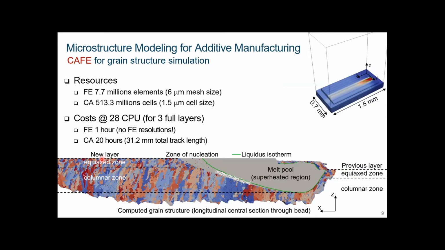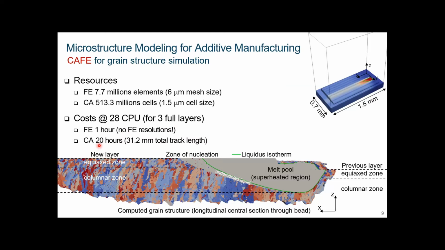Okay, I'll give you an example of the resources you need for that. For the finite element mesh, you need sufficient resolution. Same for the CA, but for the computation cost now, since you do not do any finite element solution, it's very quick to have a projected temperature field and a bead shape on a finite element mesh.